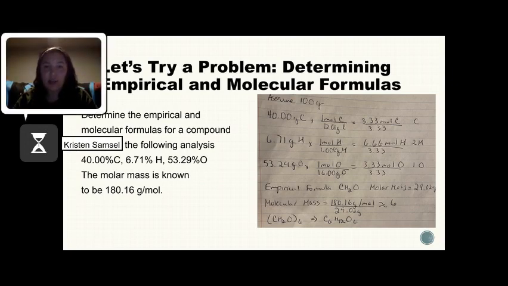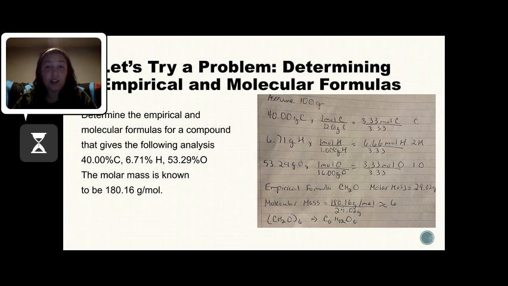Okay, so let's try a problem. Let's look at empirical and molecular formula. So if we want to find the empirical and molecular formula of an unknown compound that has a composition 40% carbon, 6.71% hydrogen, and 53.29% oxygen, the first thing we want to do is assume we have 100 grams. That will mean that we have 40 grams of carbon, 6.71 grams of hydrogen, and 53.29 grams of oxygen.